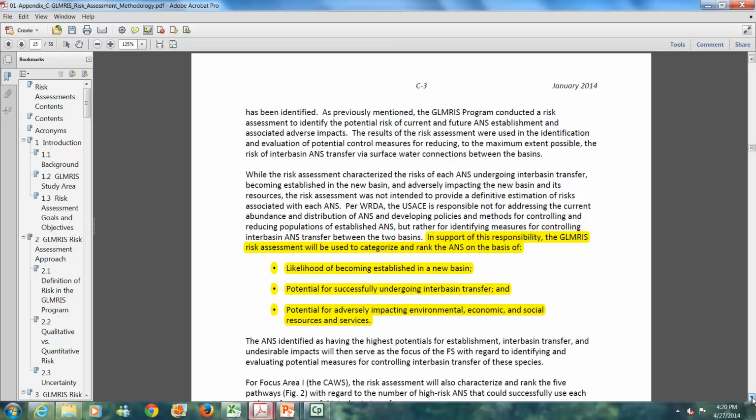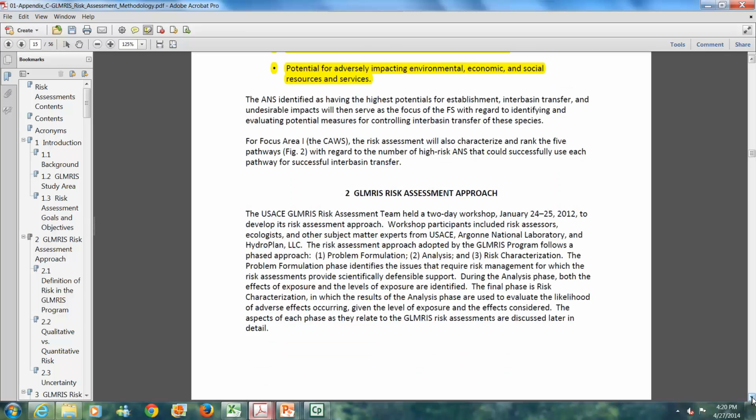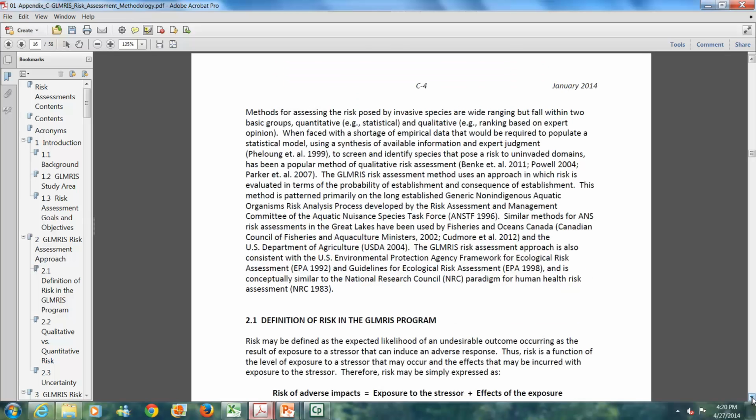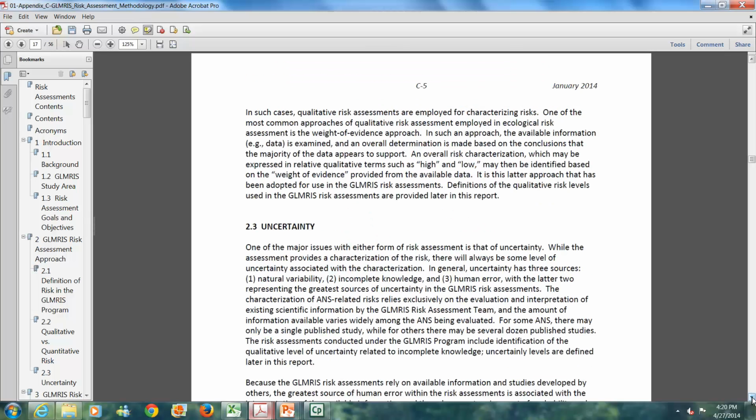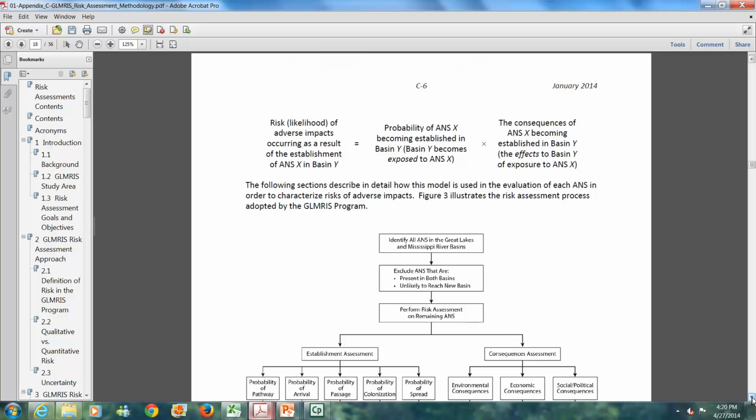But let me go down now and turn our attention to this notion of the risk manager's primary responsibility in terms of considering the results of the risk assessment. One of those is to understand the model. And here the model is a bit different than we had with our quantitative risk assessment.